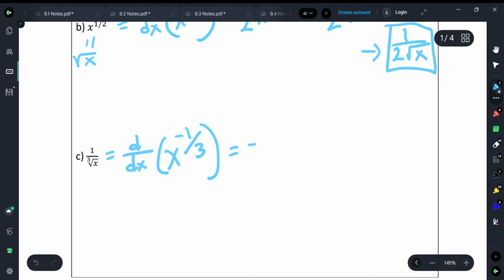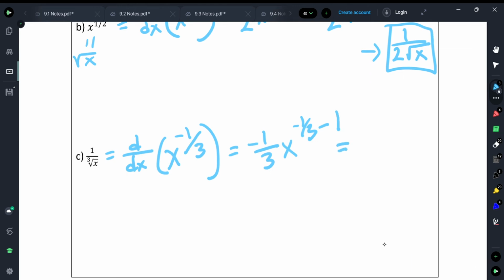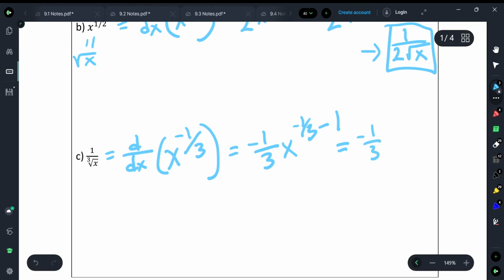Okay, cool. So let's bring this power down, and now we got x to the negative 1/3 minus 1. All right, nothing to get scared about. We love fractions. It's all good, right? 1 is just literally 3 over 3. So we got negative 1/3 times x to the negative 4 over 3.